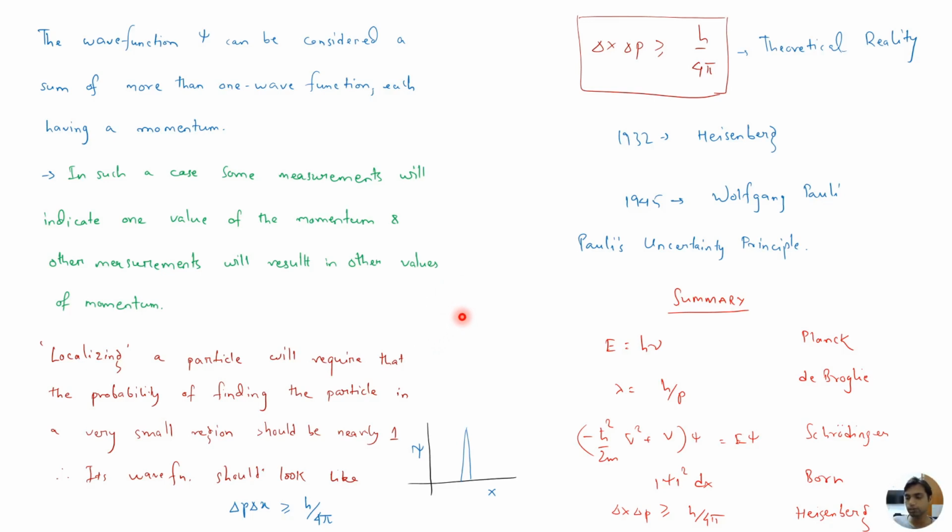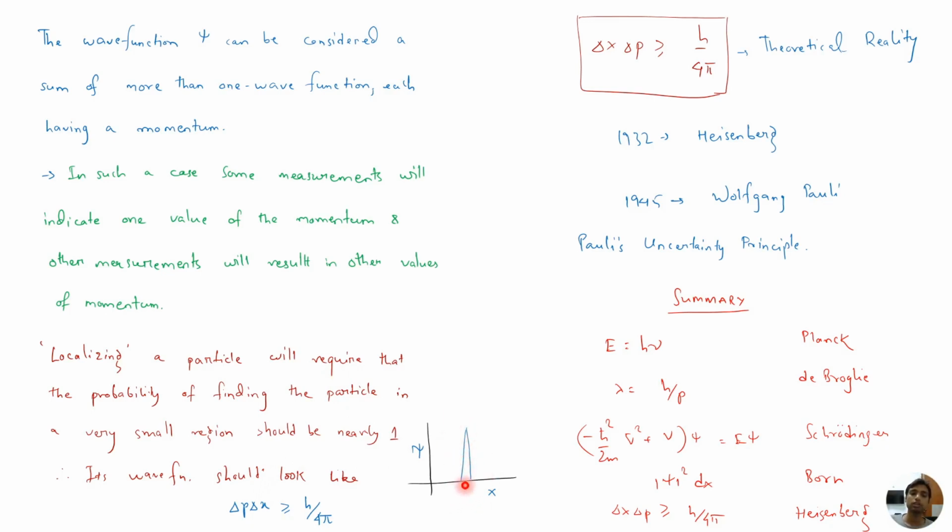By complete, what we mean is that given any wave function, you will be able to express it as the sum of these momentum eigenstates. And what we mean by localizing the particle is that the probability of finding the particle in a very small region should be nearly 1, and its wave function looks like a Dirac delta function.